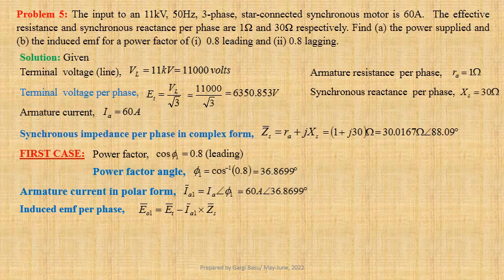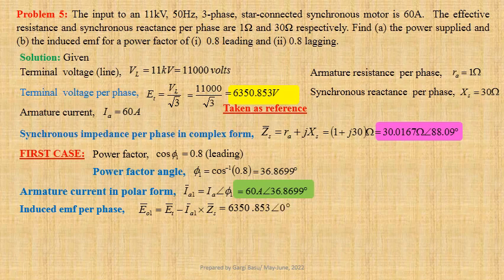Expression for induced EMF per phase E01 equals ET minus Ia1 into Zs. Taking terminal voltage per phase ET as reference, we get E01 equals 6350.853 at an angle 0 degree minus 60 at an angle 36.8699 degree into 30.0167 at an angle 88.09 degree.